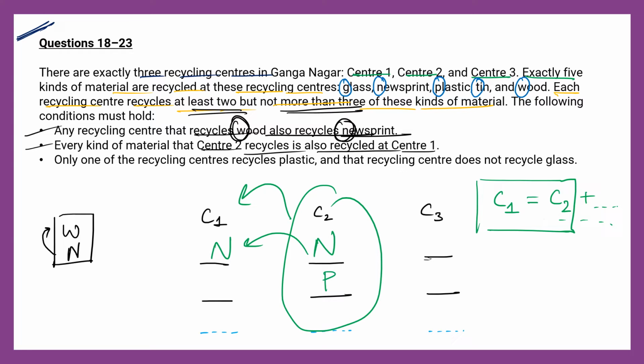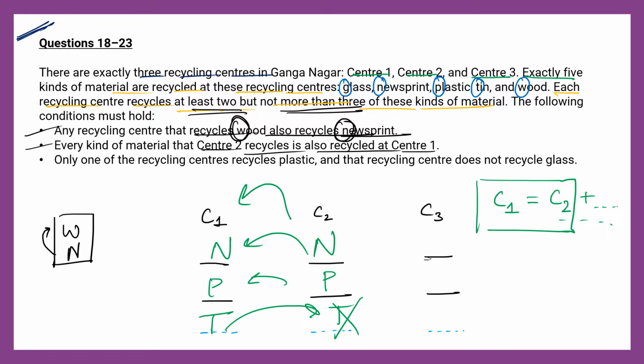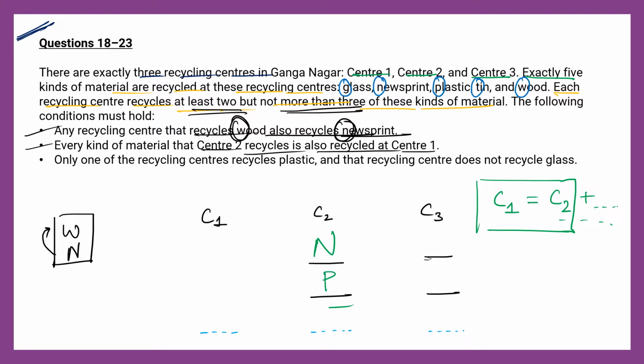If you have P here, you will have P here as well. But that does not mean that if there is maybe T here, then there will be T here. You cannot say that, okay? So you know that C1 will definitely have everything that C2 has, okay? That's what it means. So you can kind of think of it as C1 is C2 plus something more, okay?